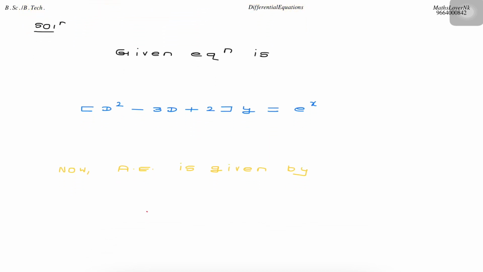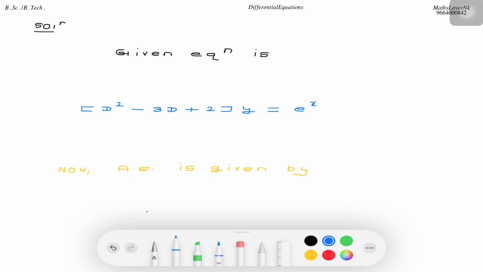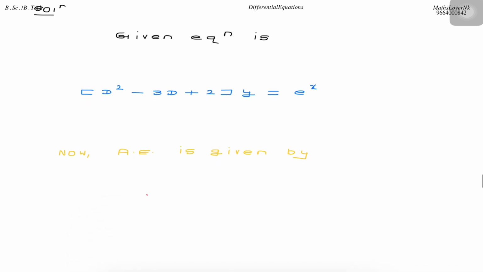Then we get m square minus 3m plus 2 is equal to 0.